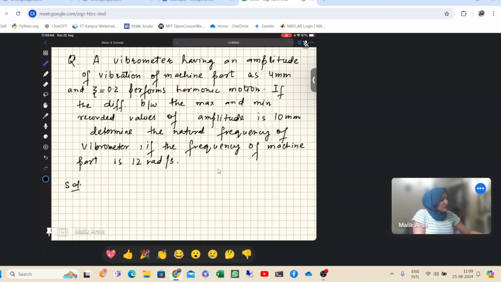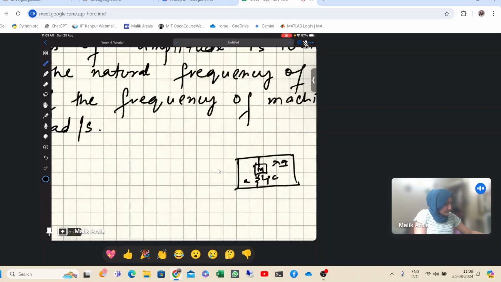So the question is telling that for this system, this is how we mount a vibrometer. It has K, it has a damper, and here we have x, I hope it is visible, and this is the vibrating machine, which has a motion y.